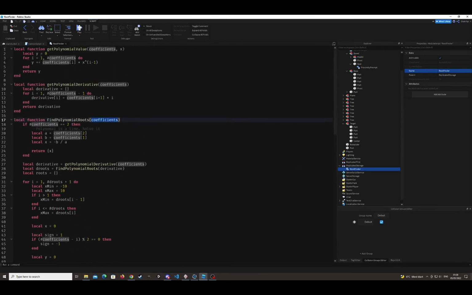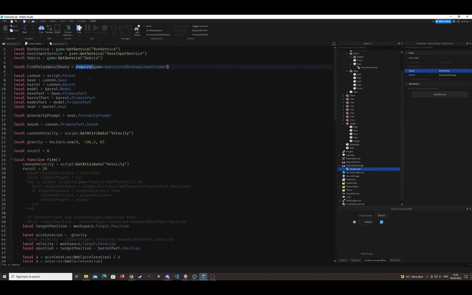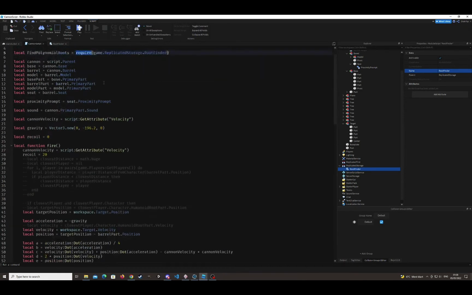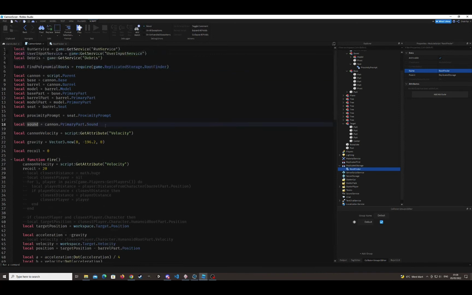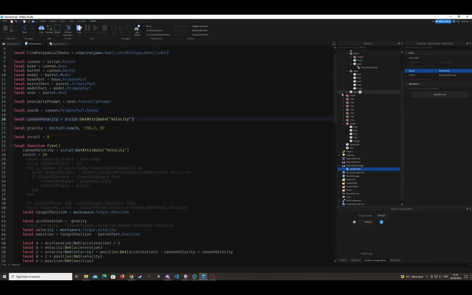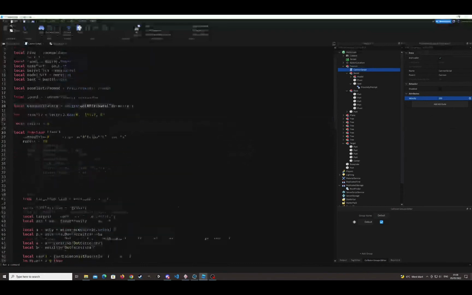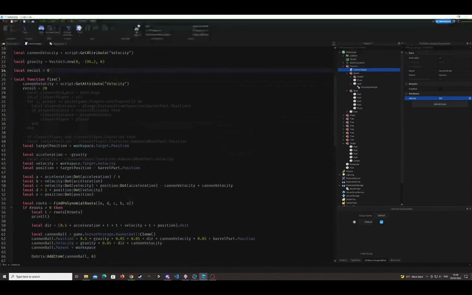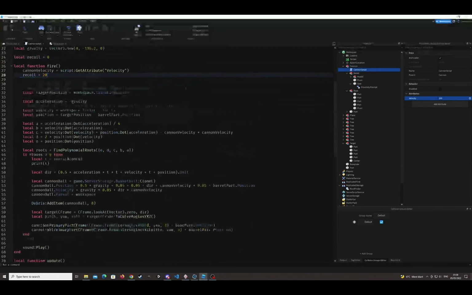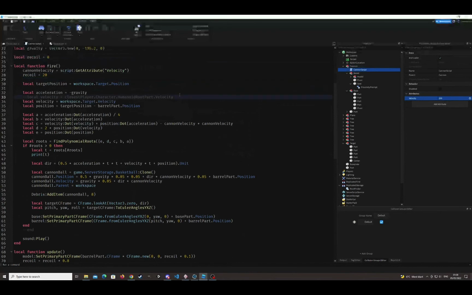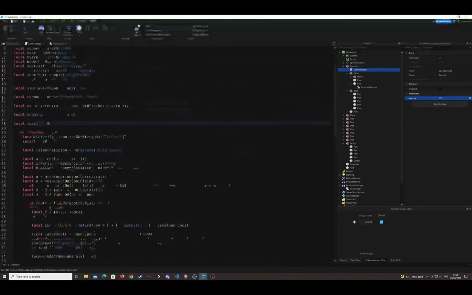But I could make this available after the stream if needed. Let's see. I have a velocity attribute, which is not actually in this model, so we could add that. Or maybe it's in the script. Oh yeah, it's in the script, okay. Get rid of this.